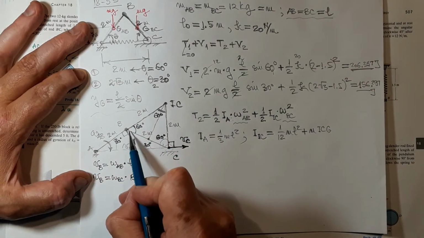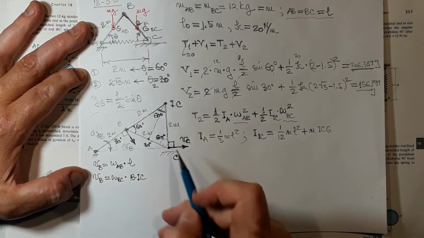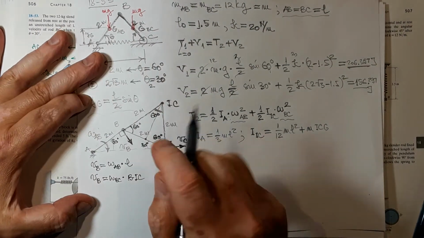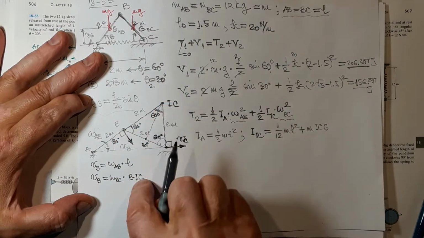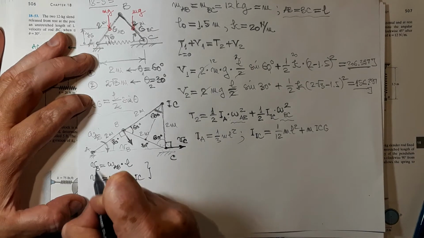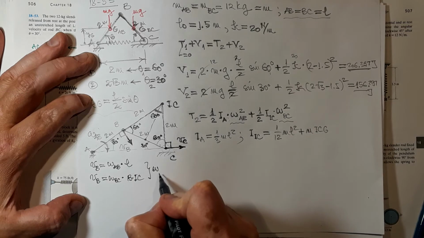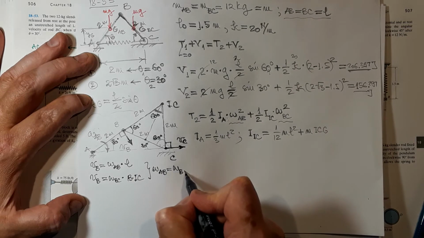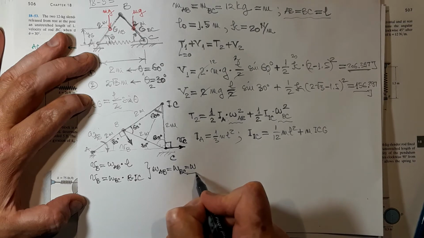It means that this is 2, this is 2, this is 2. So B to IC equals L. From these two equations, because VB is the same, it means that omega AB equals omega of BC, and let's call it just omega.